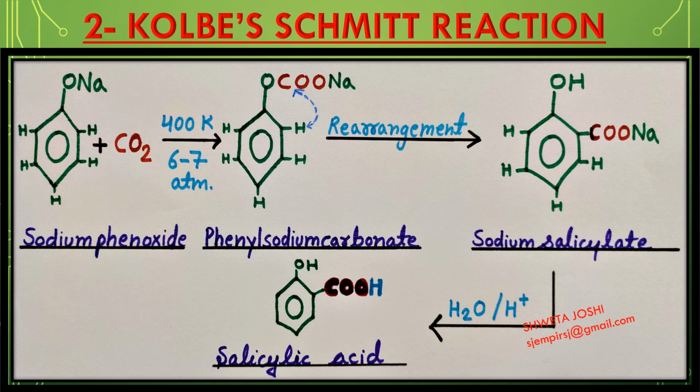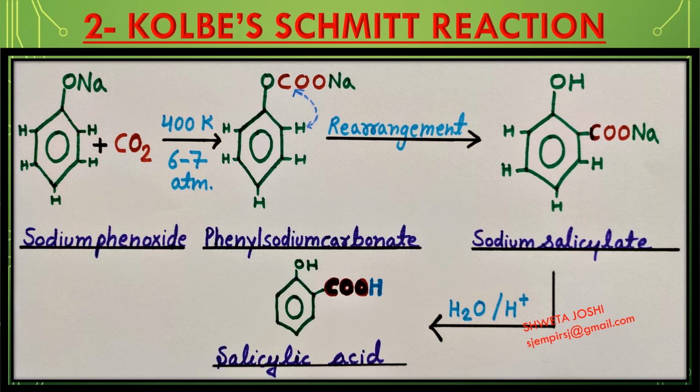Now covering example of Kolbe's Schmitt reaction, we are going to react sodium phenoxide with carbon dioxide at around 400 Kelvin temperature and 6 to 7 atmosphere pressure. Upon reaction, phenyl sodium carbonate is obtained, which undergoes rearrangement basically at ortho position, forming sodium salicylate as the major product.